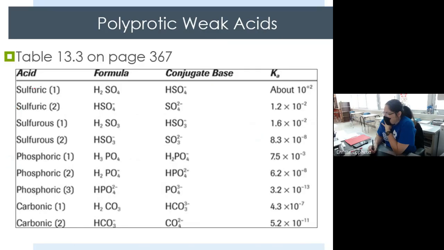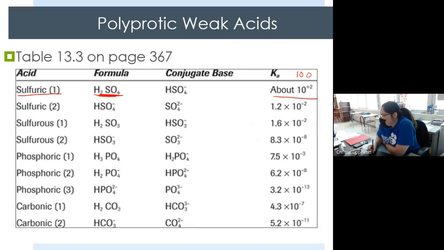So there's lots of polyprotic acids. This is actually the first one here. So these are your Ka values. The sulfuric is considered a strong acid for the first hydrogen that comes away. And you can see here 10 to the positive 2, which is what, 100? Am I doing my math right? Okay. So its Ka value would be 100.